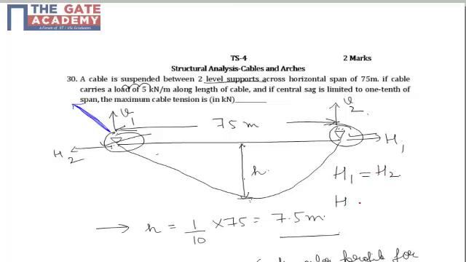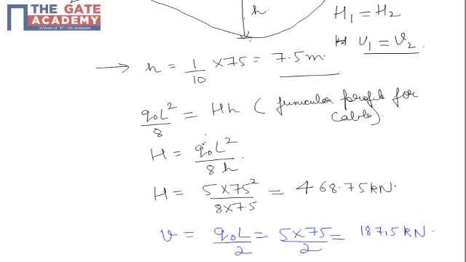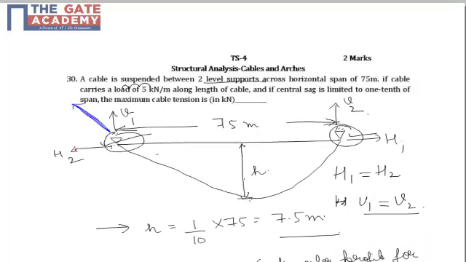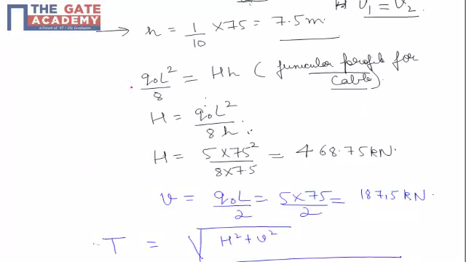Now, from knowledge of cables, for a funicular profile, the net reaction, that is H multiplied by the maximum vertical sag, H into h, should be equal to the moment, because for a funicular profile to be true, the moment at any point has to be 0.